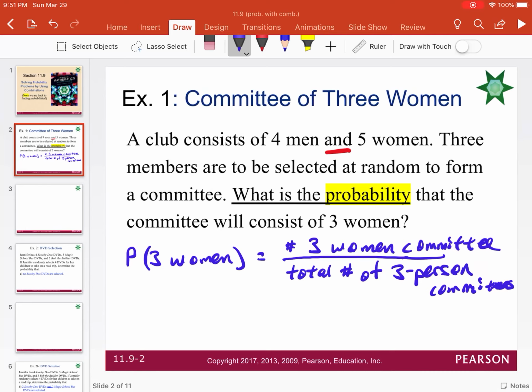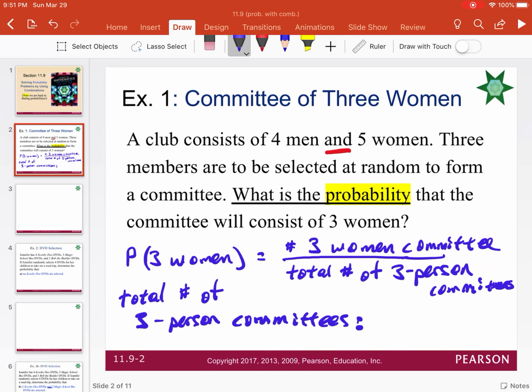So let's look at the bottom. The total number of 3 person committees. And this does not care about any specifics. It's just the total number. Okay? Now remember, a committee is a group.